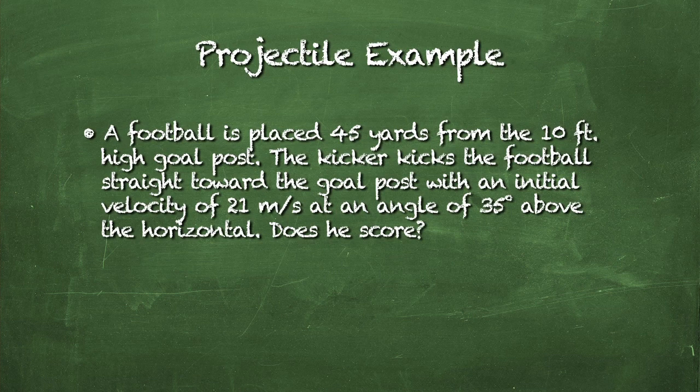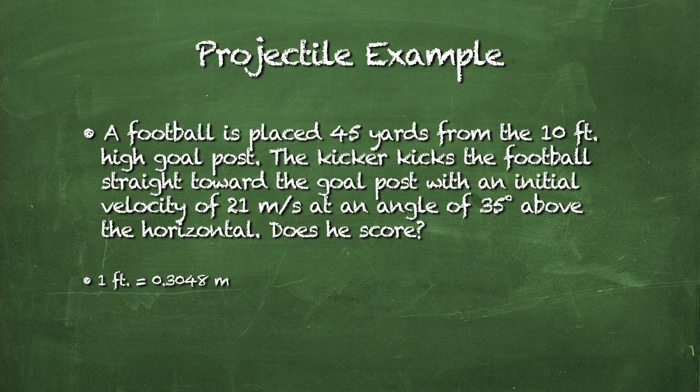Does he score? I'll give you one more bit of information, and if I hadn't, you could find this in the inside cover of your book. 1 foot is 0.3048 meters. So the conversion factor from feet to meters is 0.3048, and a yard is 3 feet.